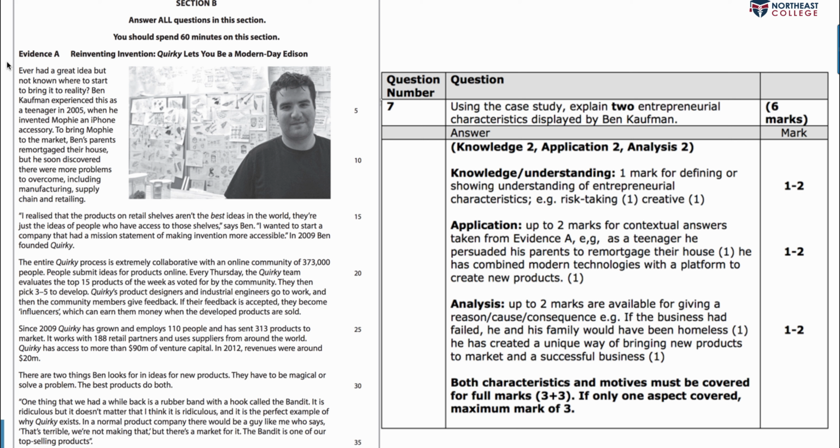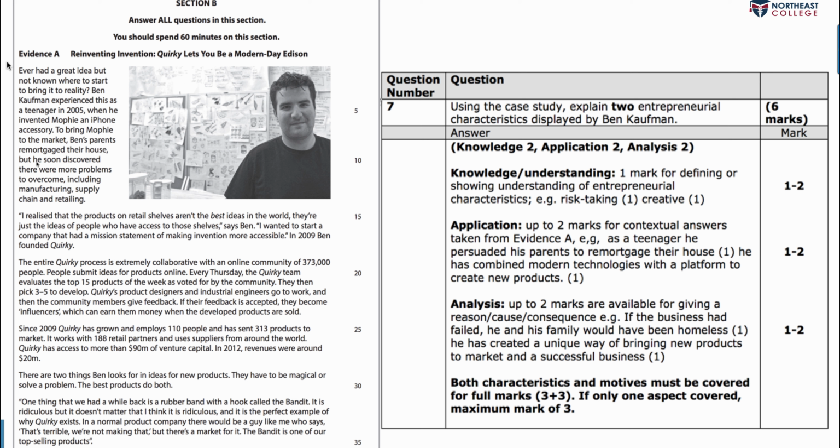Ever had a great idea but not known where to start to bring it to reality? Ben Kaufman experienced this as a teenager in 2005 when he invented Mophie, an iPhone accessory. To bring Mophie to the market, Ben's parents remortgaged their home. Remember, remortgage, that's a risk there.